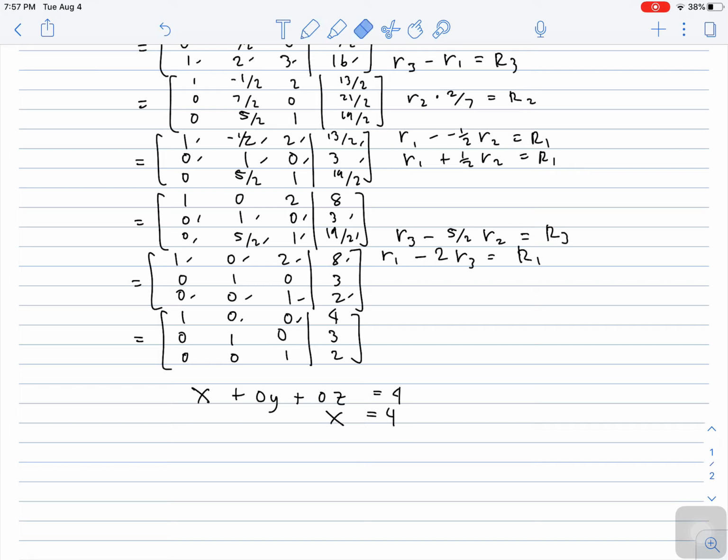By the way, you can skip writing this out in a quiz. So x is equal to 4. Next is y is equal to 3. Then, last, z is equal to 2. So, this is now the answer.